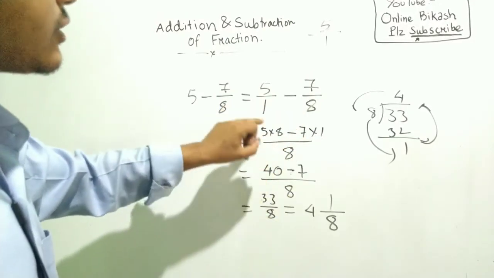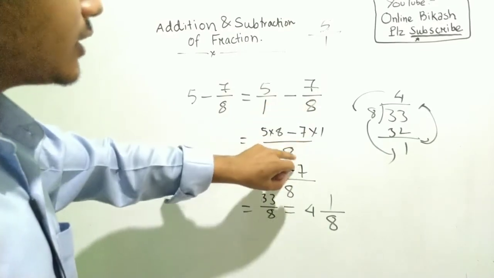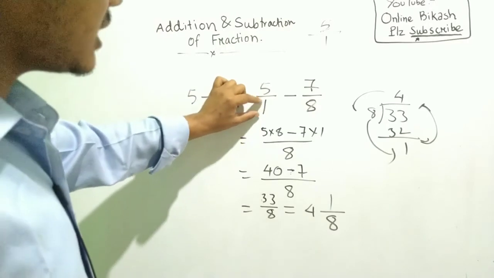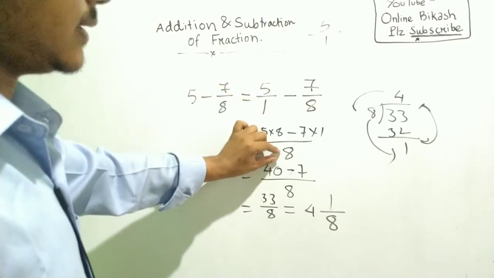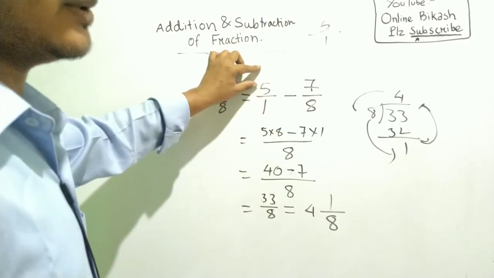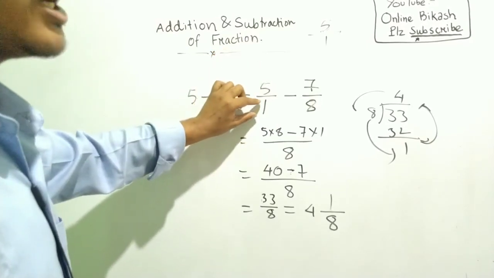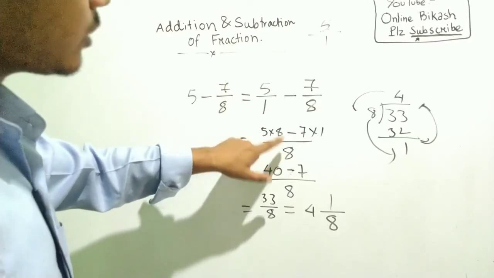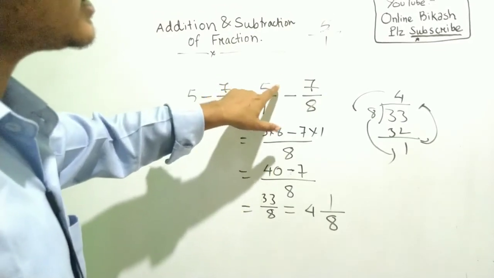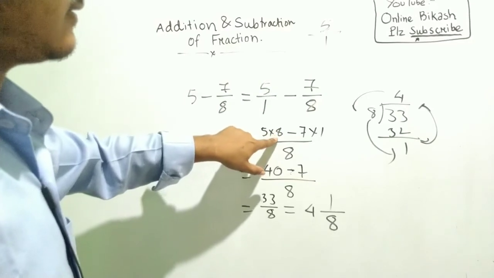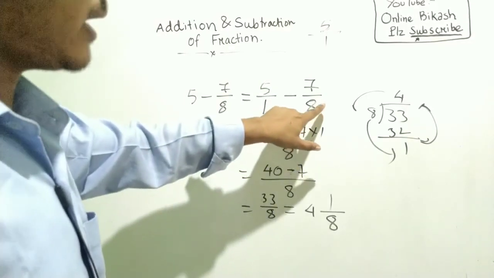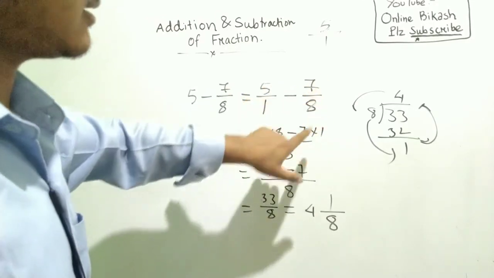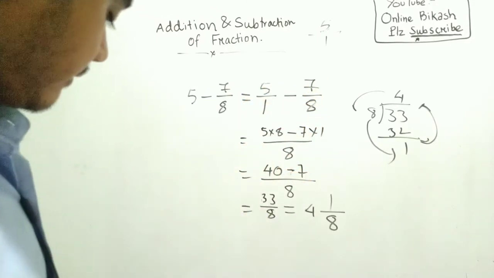You need to check what you multiply with this denominator to get this 8. The same thing you multiply with the numerator. In this case, 8 is multiplied by 1 to get 8, so 5 is multiplied by 8. And 1 you need to multiply with this 7.